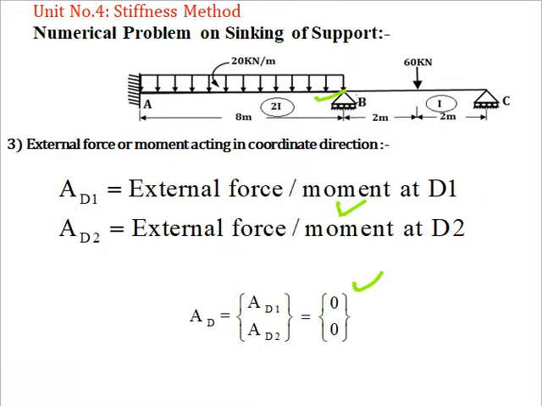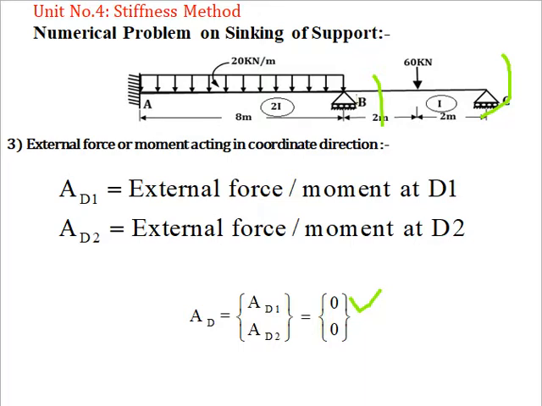After that, we went through the external force acting in the direction of the coordinates assigned, and there is no external moment acting in the direction of coordinates theta B and theta C. That means AD1 and AD2 are both 0.